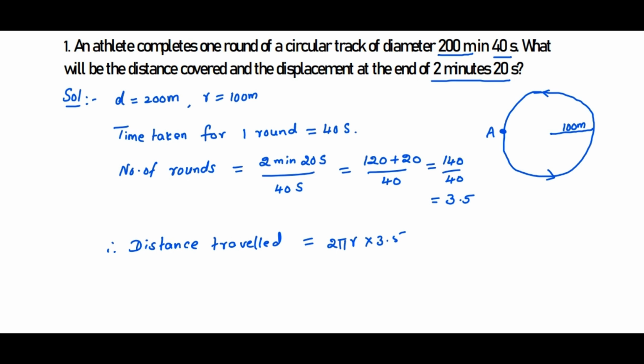If we substitute the values, 2 into, pi value is 3.14 or 22 by 7, into radius 100, into 3.5. If we simplify this, we'll get 2200 meter. The distance travelled is 2200 meter.